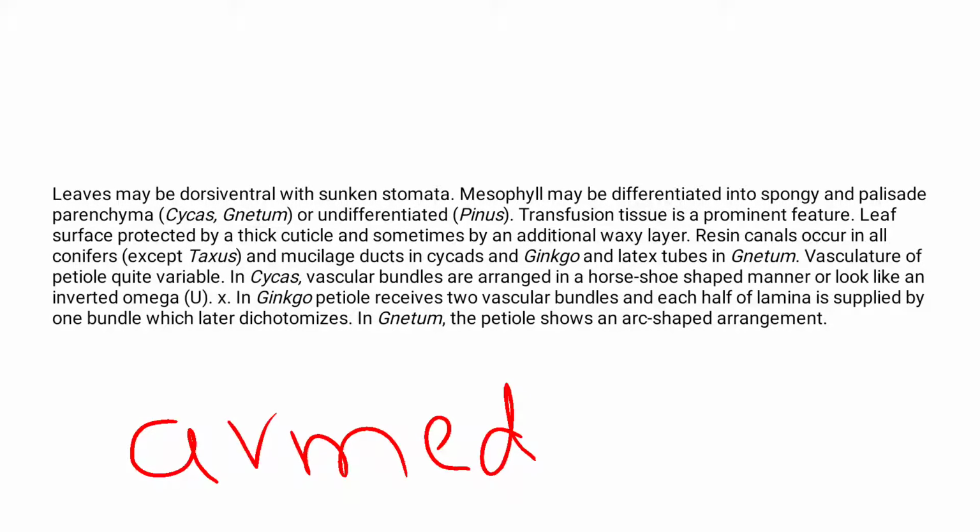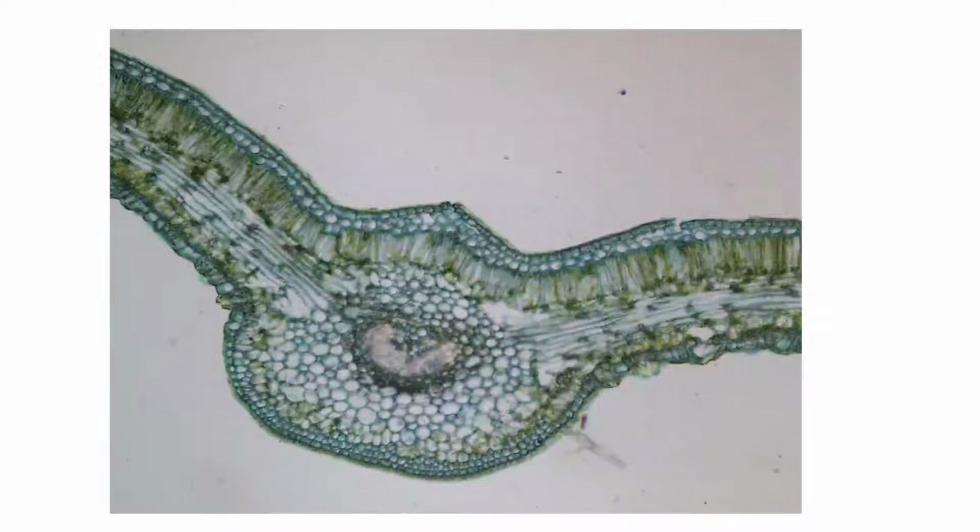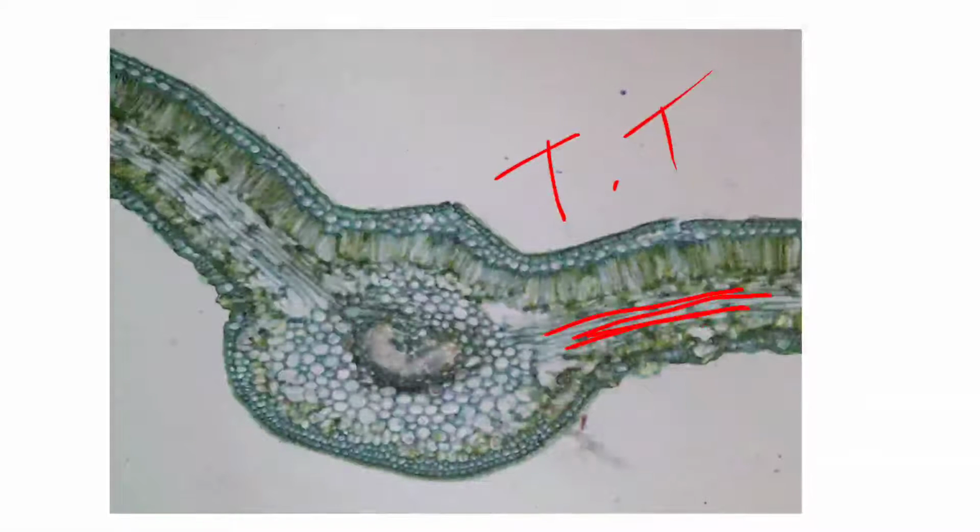And one of the special characters in Cycas leaves is that it shows the presence of transfusion tissue. You can find here this rectangular box-like structure. This network is nothing but the transfusion tissue. This transfusion tissue mainly helps in transporting the food and water to the mesophyll cells which are present above and below the transfusion tissue.